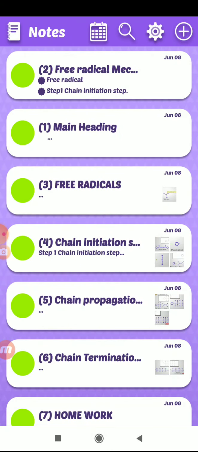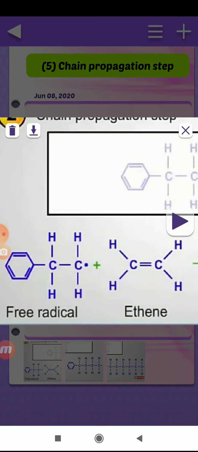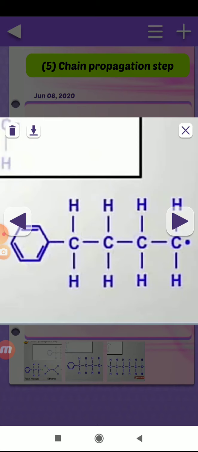Now let us discuss the next step, that is the chain propagation step. Here the larger free radical which is formed in the first step combines with another molecule of ethene. Because one ethene is already combined with the phenyl radical, one more molecule gets combined and again a larger free radical is formed.